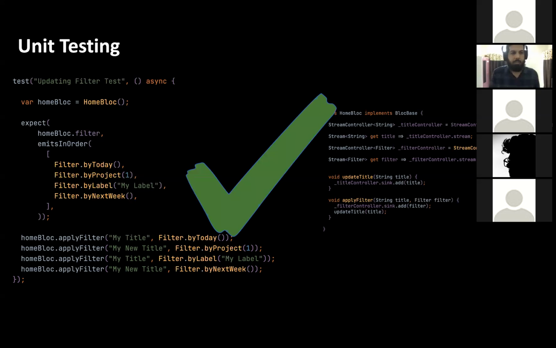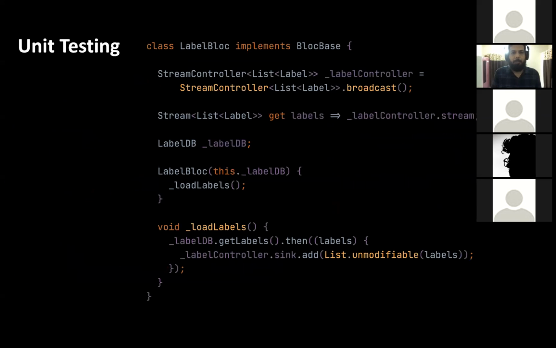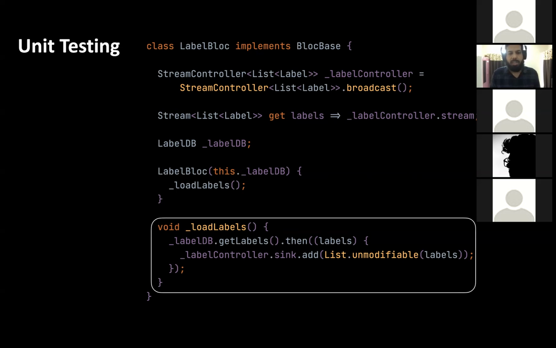So this would pass. Now let's look into a little more complicated example, where I have a label block, and this label block is exposing a list of labels. When I'm creating this label block, it's calling a method load label, which gets labels from a DB and updates the stream.